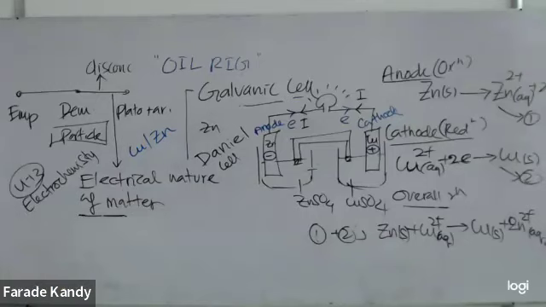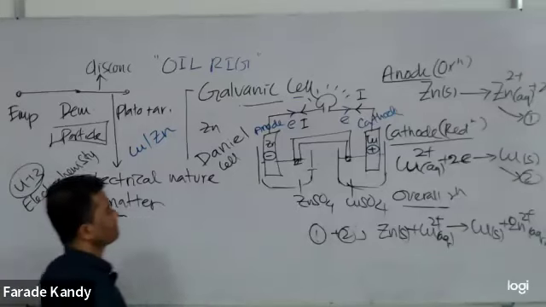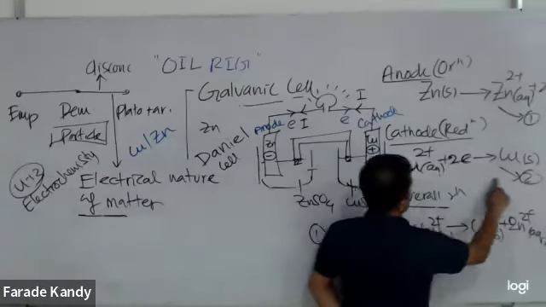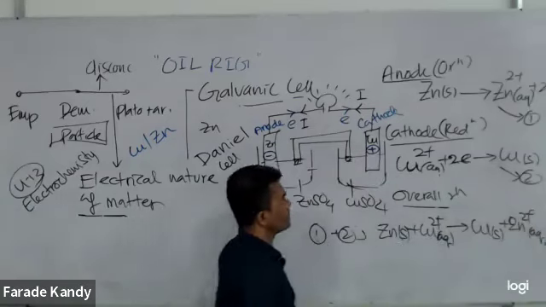Cathode is positively charged. Then write the reduction reaction and label it as the second equation.